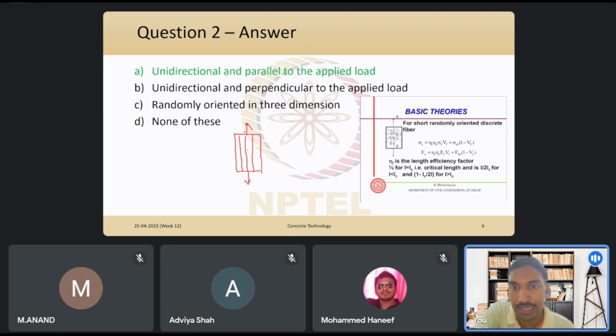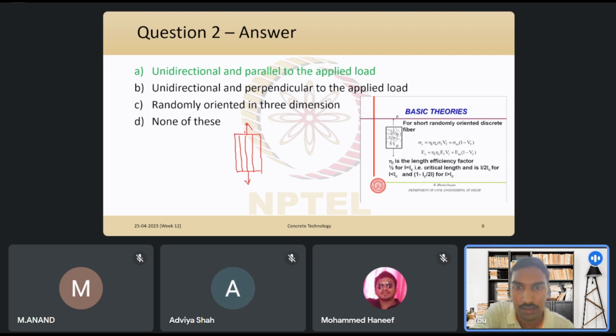So this was the ideal case, but in reality you will not have fibers throughout the length, and also not all aligned parallel to the load. In reality what you will have is short fibers randomly oriented like this. In that case, it will not be as effective as in this particular case.